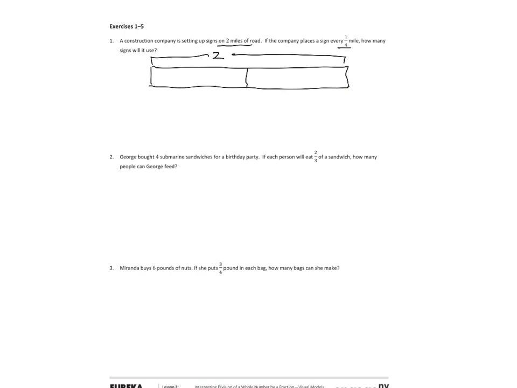But now they're telling me I'm going to divide this up into fourths, and every 1/4 mile there's going to be a sign, right? And they're telling me, so here's 1/4, 1/4, 1/4, 1/4, 1/4, 1/4, 1/4, and 1/4.